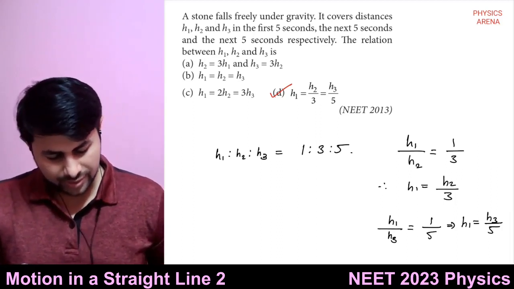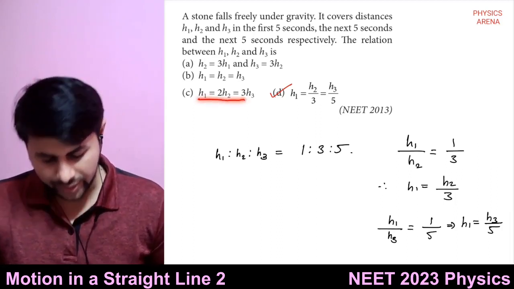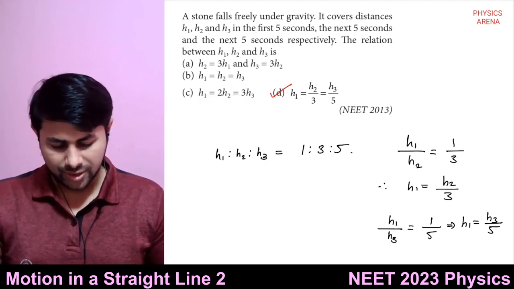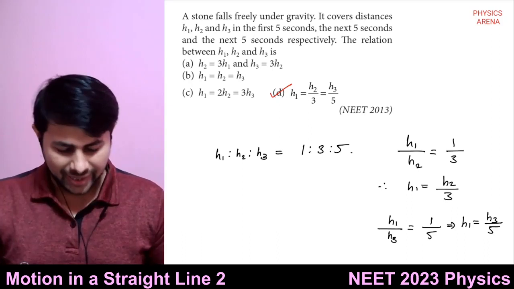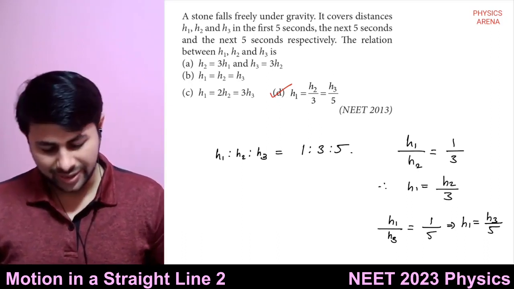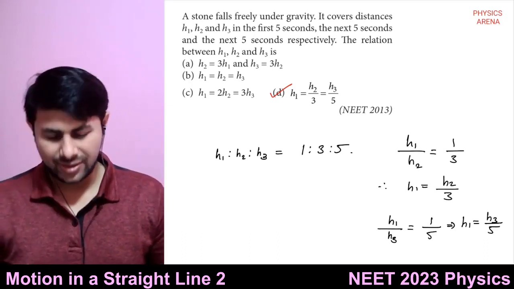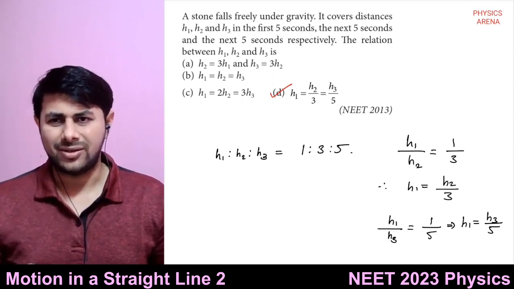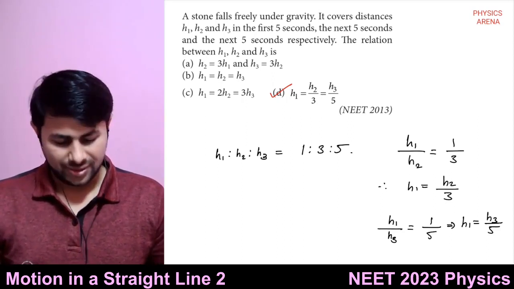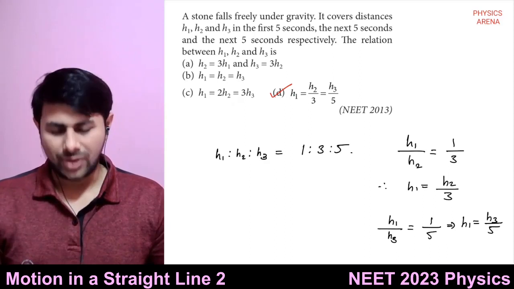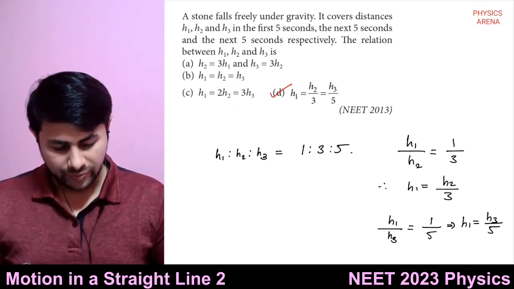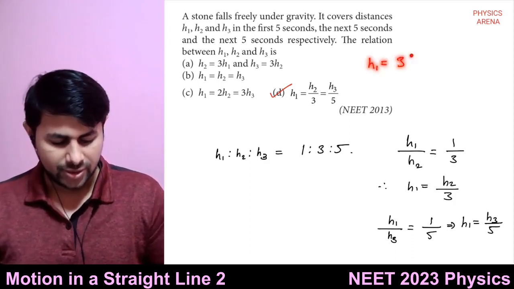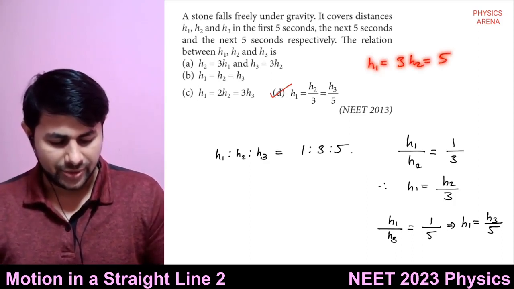So see, you have options 1, 2, 3. No other option makes any sense, and I guess you will not be tempted to write any other answer because there is no 1, 3, 5 anywhere. I was checking if there is some option where h1 is equal to 3 times h2 is equal to 5 times h3.